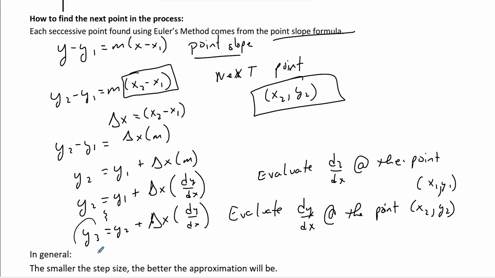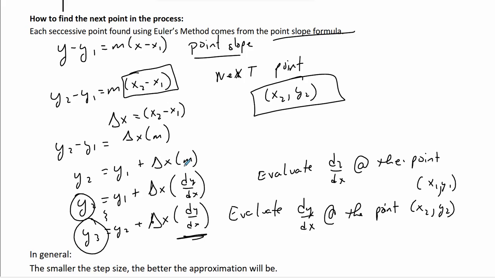So you can see, in order to get y3, that approximate value, we evaluate the slope, dy dx, at the previous point, x2, y2. If this is y2, we approximate it at x1, y1. If it's y4, we approximate it at x3, y3, and so on. That's basically what we're going to do. That's your general formula for Euler's method.